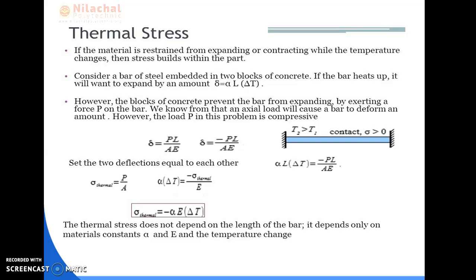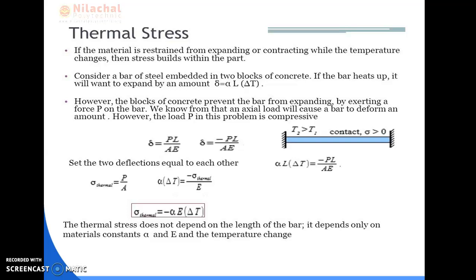Every material has a tendency to expand or contract during heating and cooling. During this time, stress is built inside the material, and that is known as thermal stress.